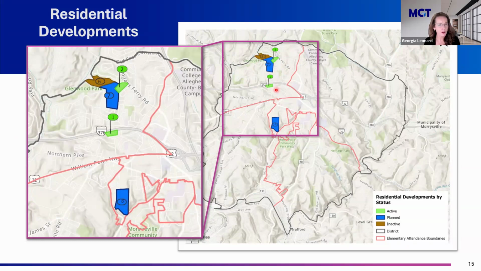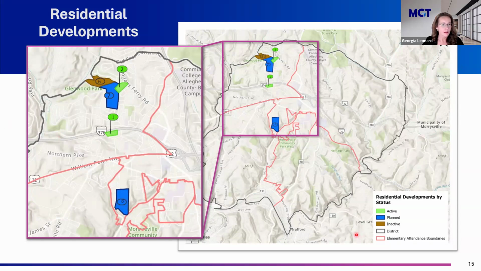Inactive basically means we're monitoring it. Something may have, it was being built or maybe it was being pursued and then it's kind of stopped for a little bit. And so it doesn't have anything in the forecast, but we do keep an eye on it in case that were to change down the line. And then there's a little bit of development in Evergreen and then University Park.